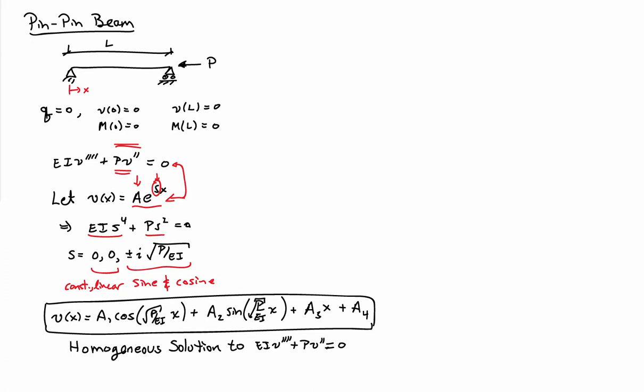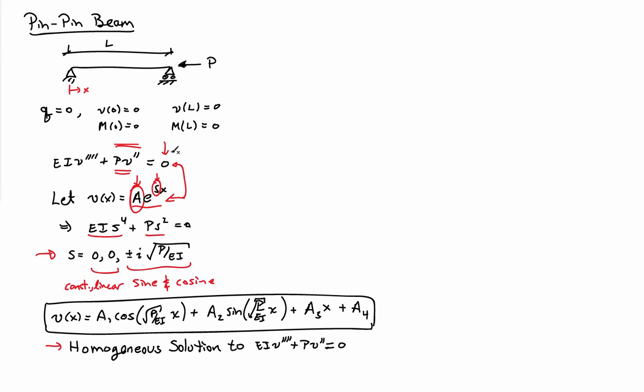For each term that I pick off from any of my roots of my characteristic polynomial, I'm going to have a different coefficient a. Those are just standard solutions to differential equations, and this is the homogeneous solution. There's no particular solution I have to worry about because the forcing term is 0 in my differential equation.